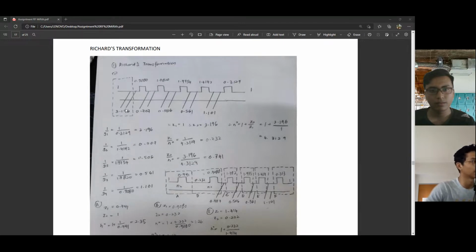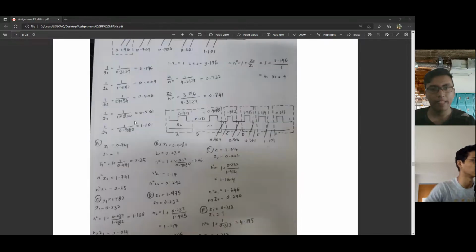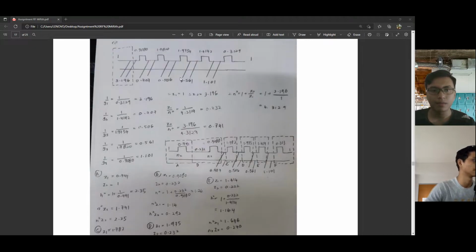To find the value of the shunt stub, we need to use the formula 1 over Gk. So this is the value that we get, and for the value of the inductor, we just take the G value for each inductor.